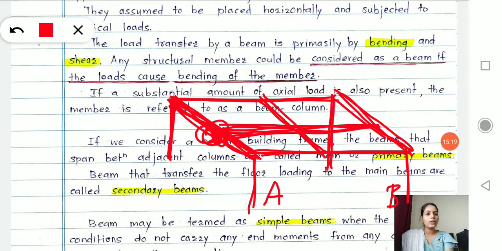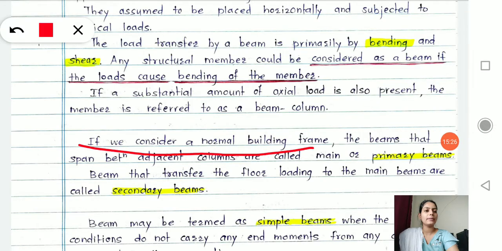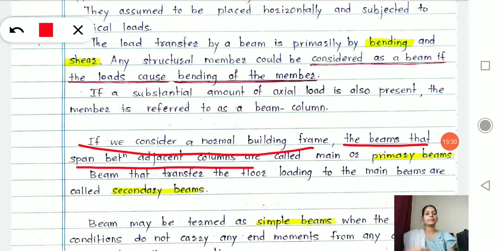So here, we consider a normal building frame and the beams that span between adjacent columns. It means there are two columns, one at one end and a second at the other end, and you rest one beam above them. Then this beam is called a primary beam.